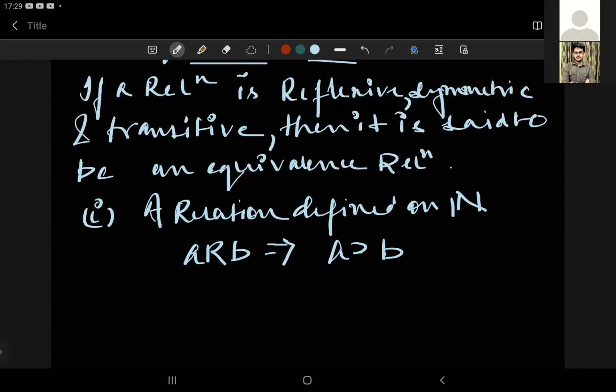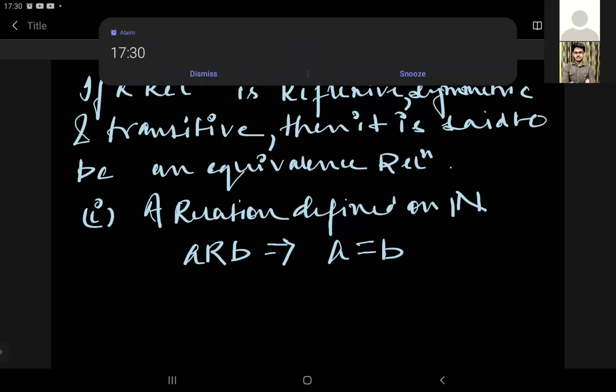Sir, it will be symmetric also, because if A is equal to B, then A comma B will exist and B comma A will also exist, which would be the same as A comma A. So A comma B is equal to B comma A. Yes, in a set we can't have repetitive elements, so it is a reflexive set, symmetric set, and transitive.